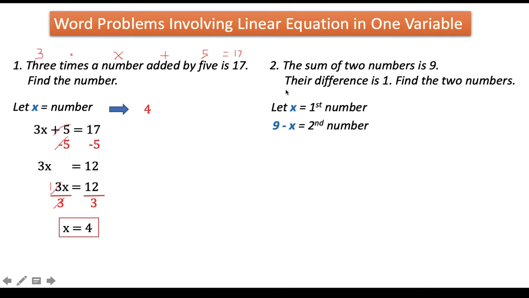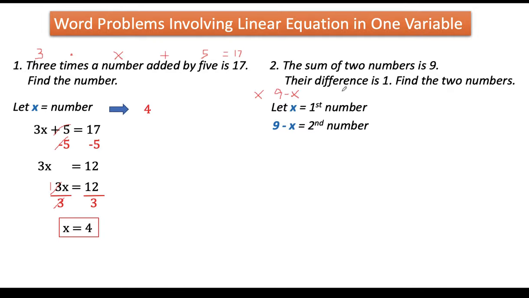Now, to set up an equation, we're going to use the second sentence. Their difference is 1. Here, we are referring to the two numbers, where the first number is x, then the second number is 9 minus x.